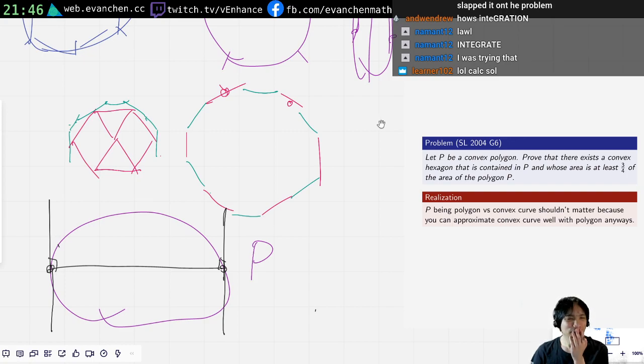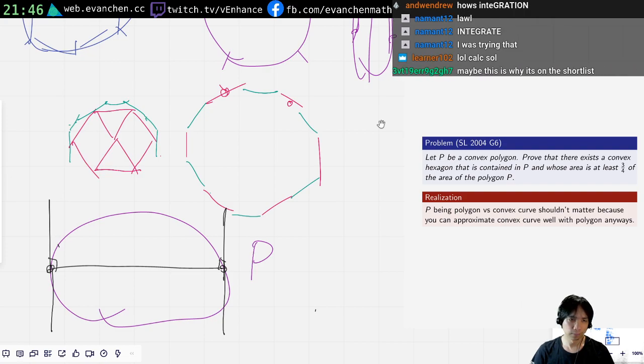The problem is that you need the convex condition because if you don't have convex, it's definitely not going to be true. But I was thinking this thing where I take one point inside and take a sweeper and somehow randomly pick the 6 angles, but I just don't know how you would compute the area if you try to do that.